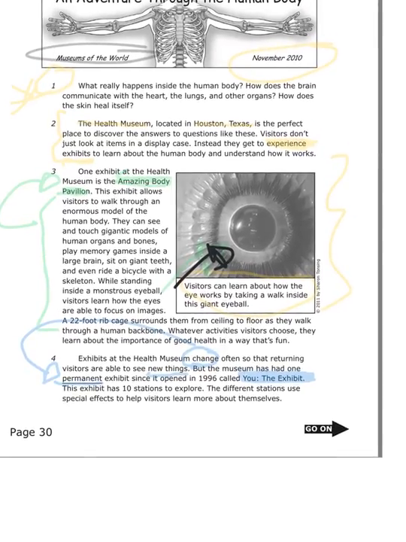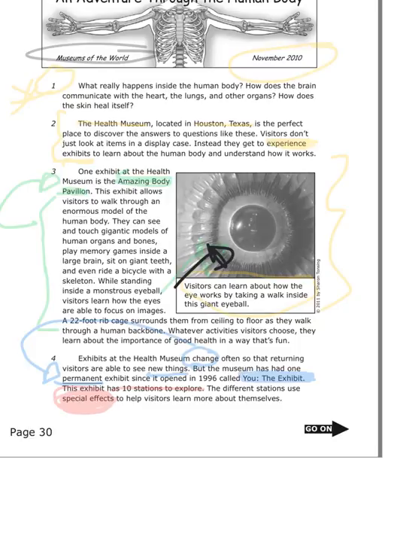We were reading that on paragraph 4. It says it has 10 stations to explore. It's right here. 10 stations to explore. The different stations use special effects. There you go. To help visitors learn more about themselves.